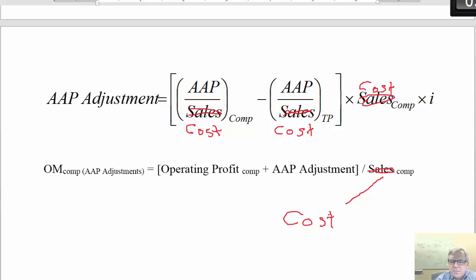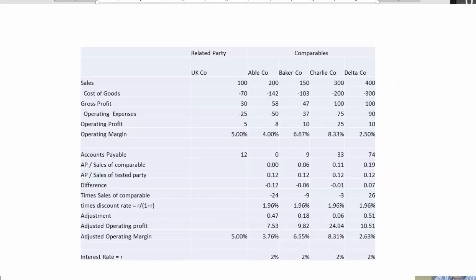But remember, when we did this calculation, we talked about the need to ask how this would affect the company. So for example, I'm going to reference back to Able Company, the one in our example that had 0 accounts payable. When we make them comparable to the tested party by imputing a higher level of accounts payable, we also said the way this is going to impact things is that their suppliers are going to charge them more.